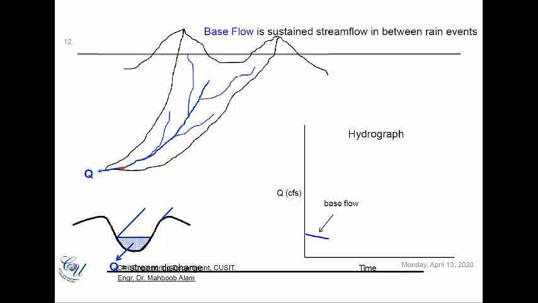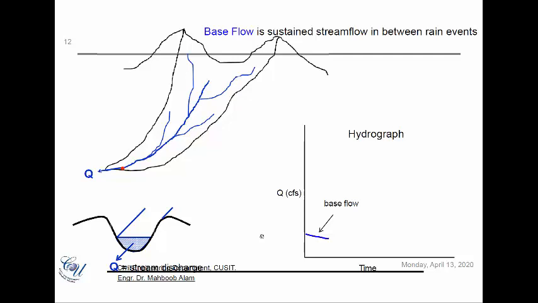Certain streams would be flowing quite heavily, some wouldn't be that heavy, some would be reacting very quickly to the precipitation events, some not that quickly, but there would always be some flow in perennial rivers.